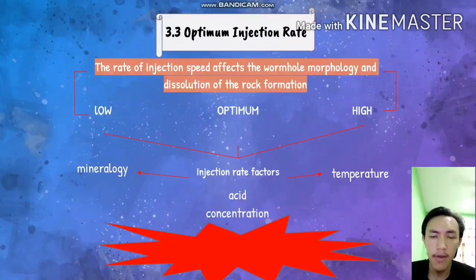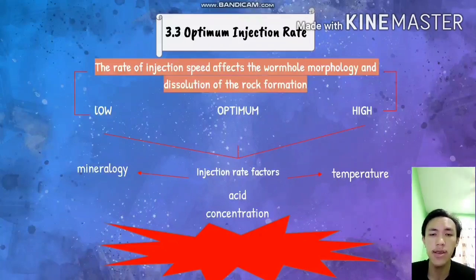So because of the speed of the injection, we will use the optimum rate, where the wormhole will be created and wormhole propagation will occur. Because for the matrix acidizing treatment to work, wormholes must be created.